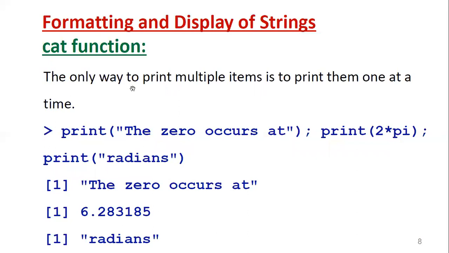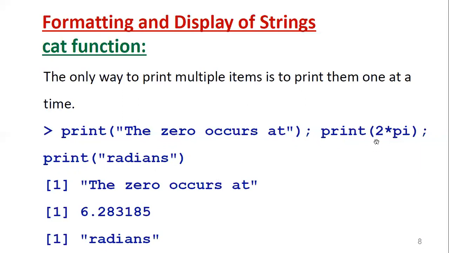The only way to print multiple items is to print them one at a time using the print function. You can recall the example we discussed in our previous lecture. Print within parentheses, here you can see the 0 occurs at. This is one print statement, semicolon.